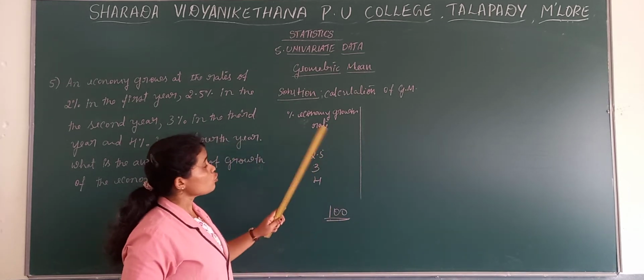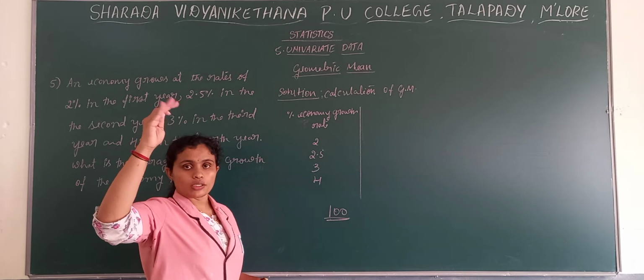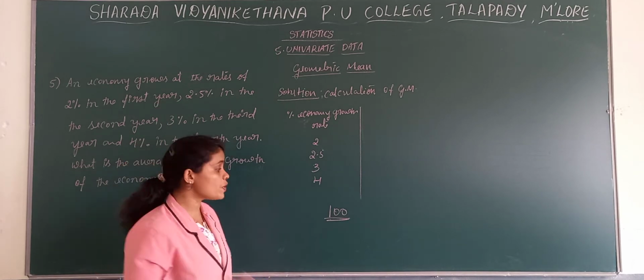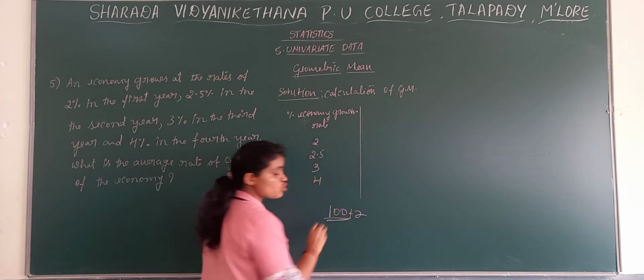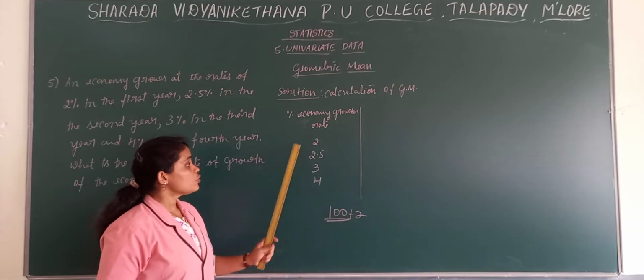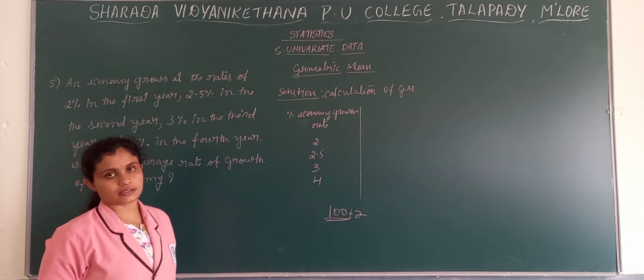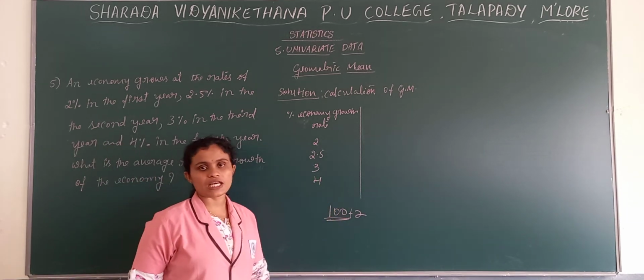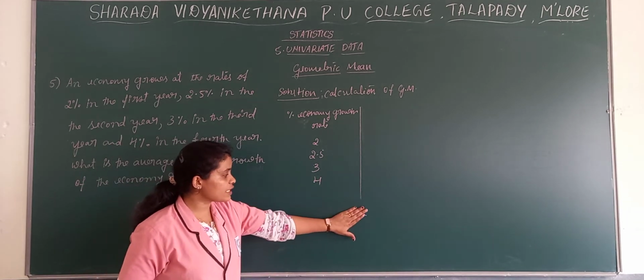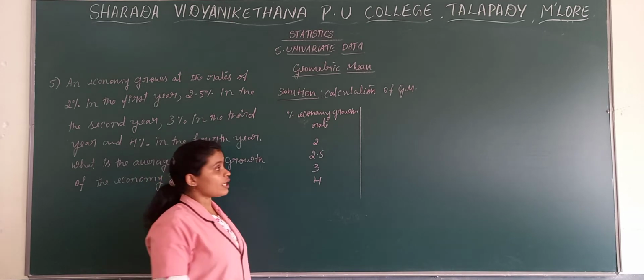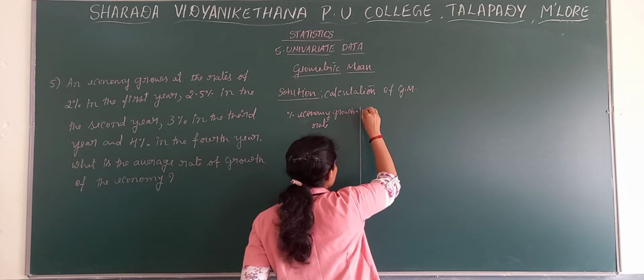Now 2% it has increased compared to the previous one. 2% means 100 plus 2, 2.5 means 100 plus 2.5, 3 means 100 plus 3, 4 means 100 plus 4. Now we need to write the economy at the end of the year.